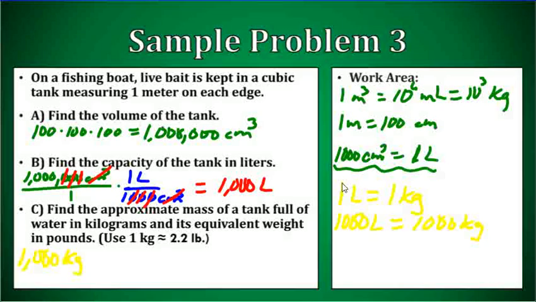That's the mass in kilograms. And then the equivalent weight in pounds, 1 kilogram is 2.2 pounds. So I would just multiply 2.2 times 1,000. I just moved the decimal place 3 places to the right. So 1, 2, 3, fill these with zeros. That would give us 2,200 pounds.